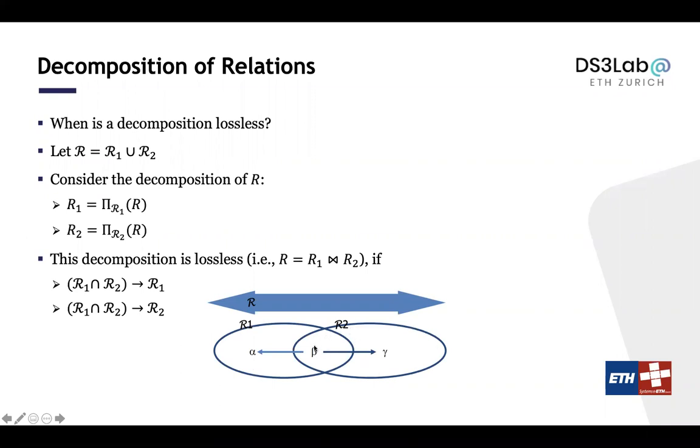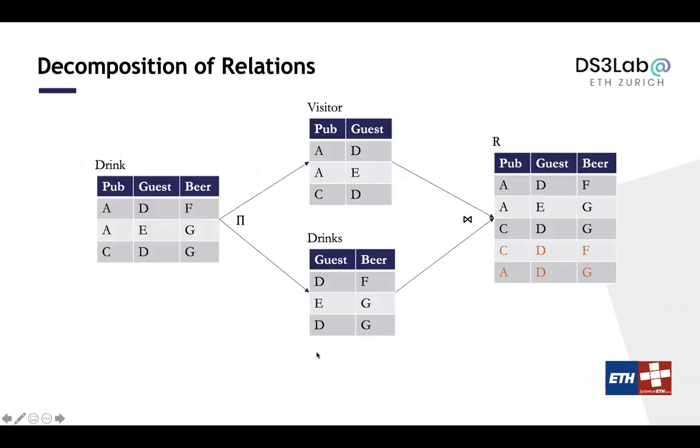If you have a functional dependency from beta to gamma, or a functional dependency from beta to alpha, this decomposition will be lossless. Okay, it's very easy to see, because if I have the functional dependency from beta to gamma, when you join R1 and R2, you fully recover the information.